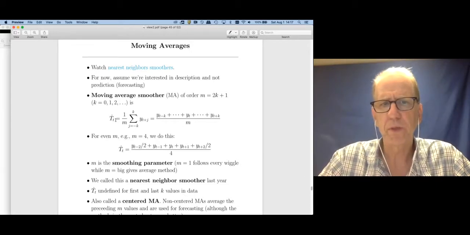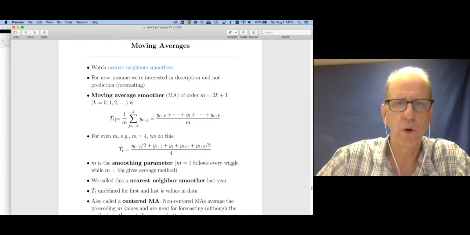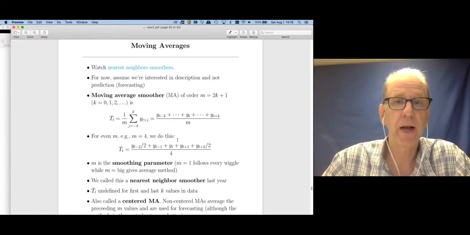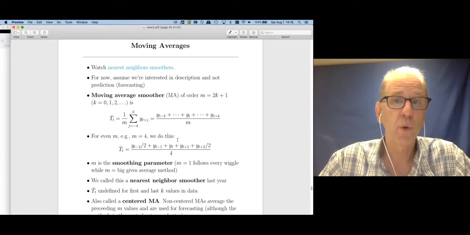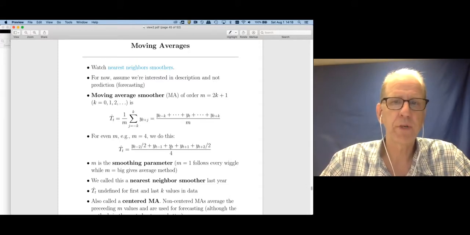What do we do if we have even m? If I want to have a moving average of order 4, and this would be very common if I have, for example, quarterly data, well, I can't take the focal observation and then 1.5 observations on either side.